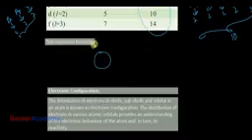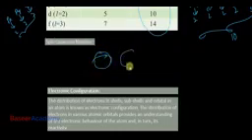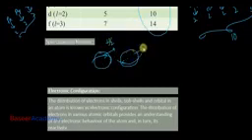What is spin quantum number? See, electrons can have a clockwise spin, and electrons can have an anti-clockwise spin. If the electrons spin clockwise, we say that the spin is plus half. And when the electrons spin anti-clockwise, we say that the electrons have minus half spin.